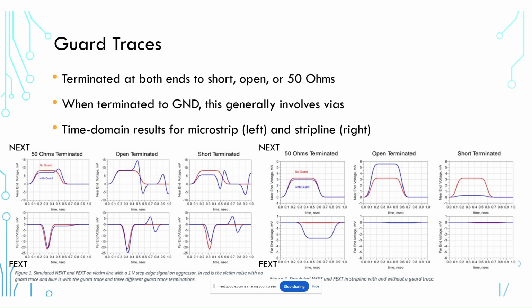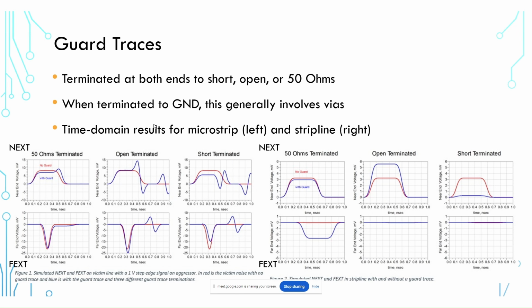What happens when you have a guard trace, and how does it affect crosstalk in different situations? Typically, when we use guard traces, we're just running a guard trace along a signal trace, and then we terminate it at one or the other end. The 50 ohm terminated and open terminated situations are really not relevant. Normally, guard traces are just terminated to shorts at both ends.